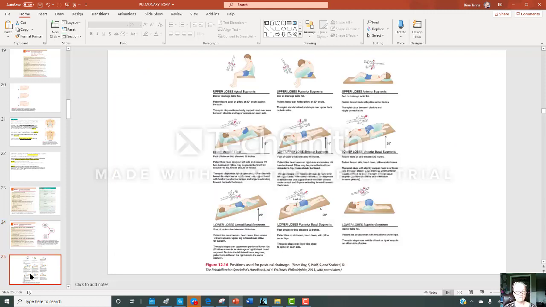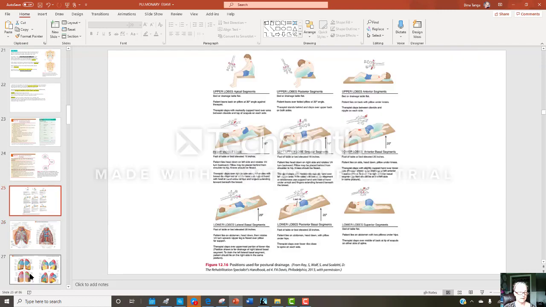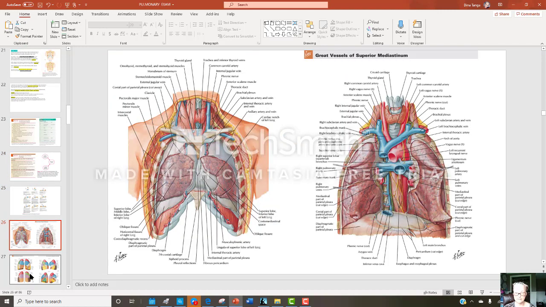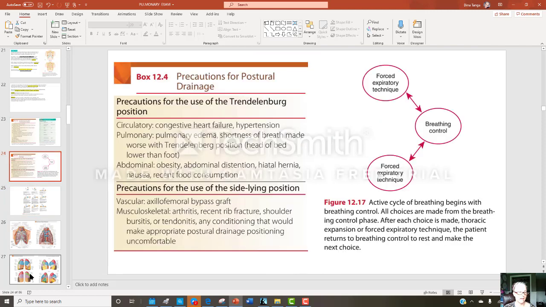And here are the postural positions used for postural drainage. And I go into this a little bit more in depth, so we're going to stop and make a part 2.